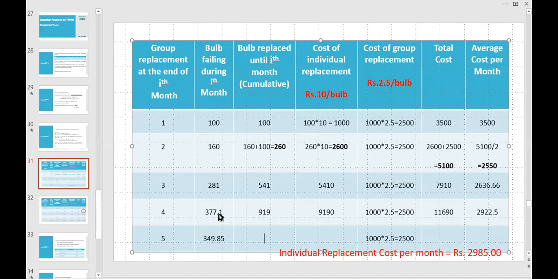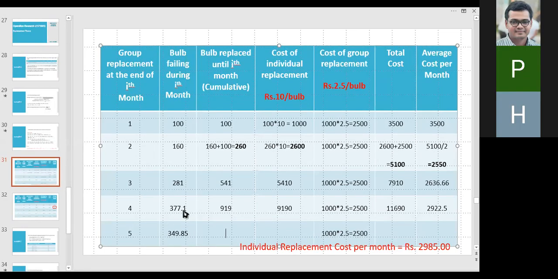If it is beyond that range, then we must give the next number. So even though it is 377.1, it must not be considered as 377. It must be considered as 378. Okay. So if any point has a decimal number, then we must consider the next value.